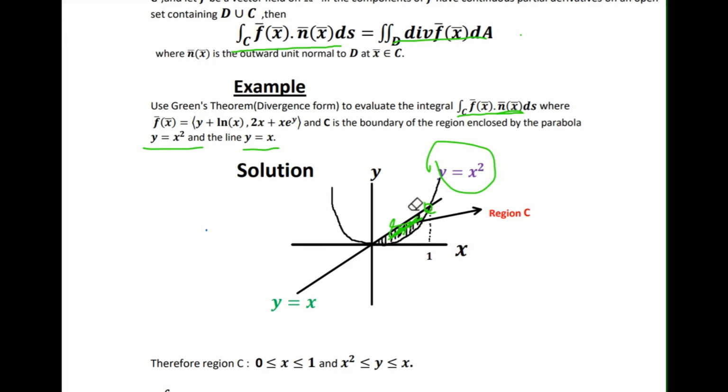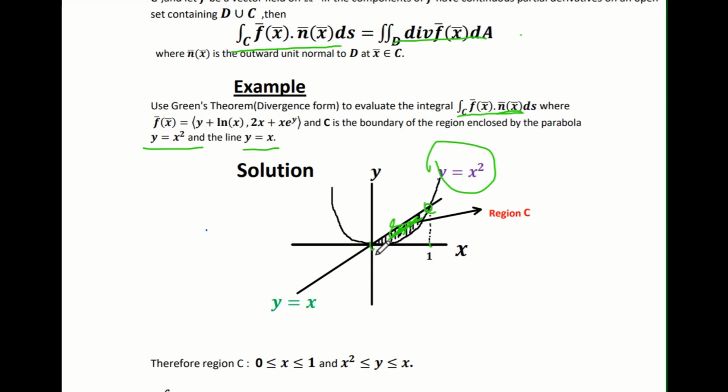So in this region, x moves from 0 to 1, and remember y equals x and y equals x squared. In this region, y equals x squared is the below graph and y equals x is the above graph.